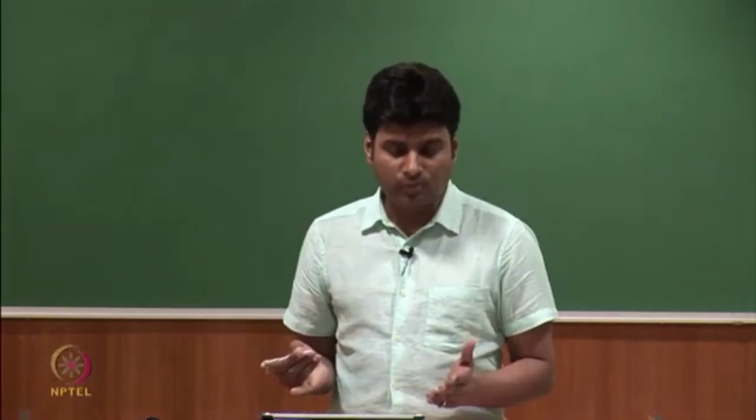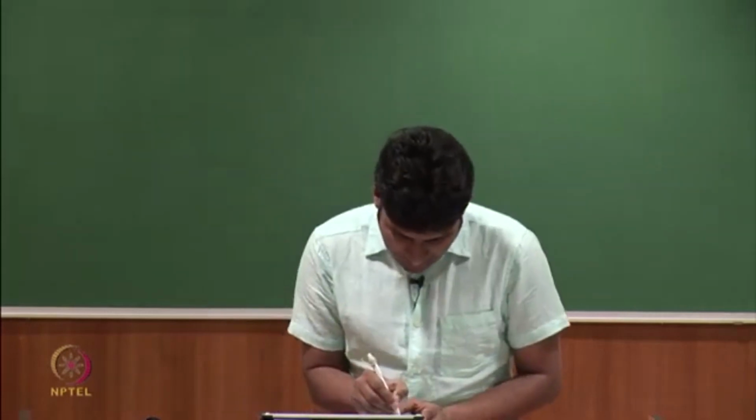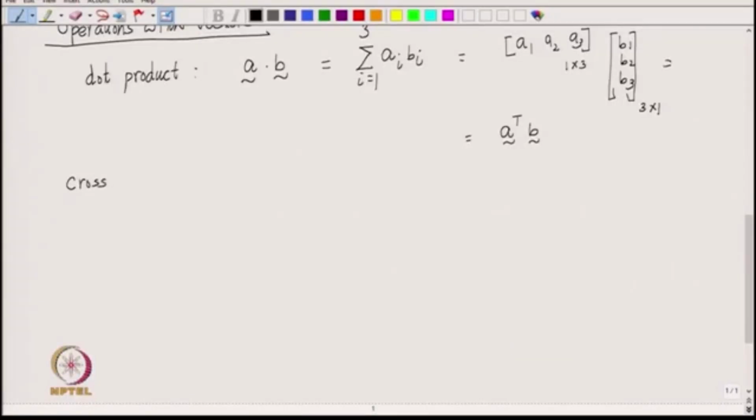Then you have the cross product, A cross B, and I guess all of you know what it gives you. So, this is basically A2 B3 minus A3 B2.